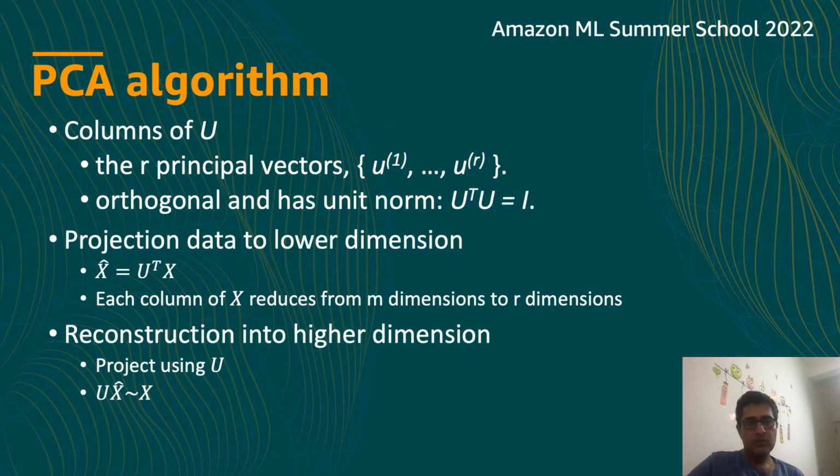Like I said, the columns of U are principal vectors, and you can take any matrix X and project it to a lower dimension by multiplying it with U transpose.